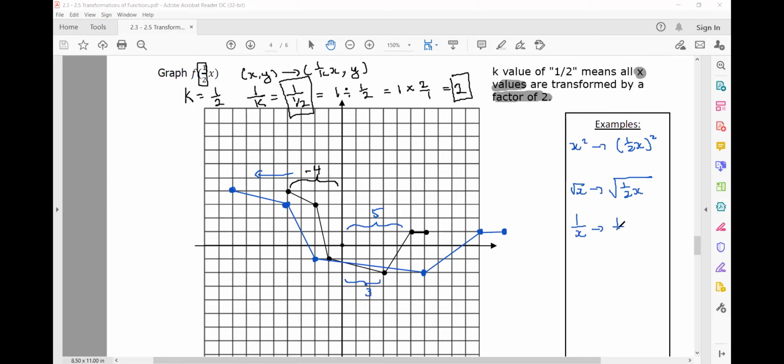And if it was a reciprocal, it would be 1/2 times x. 1/2 is multiplied by just the x. But if you recall my little manipulation of numbers above right here, 1 over 1/2 is just like me saying 2.